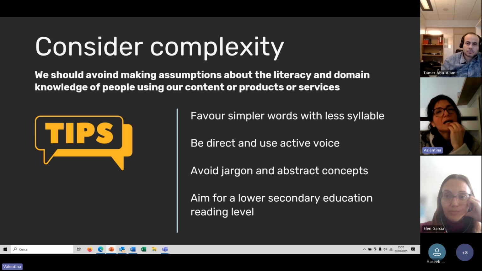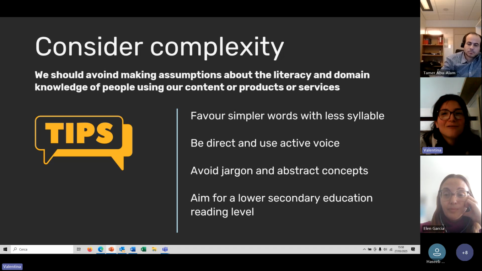So I think a good exercise is to try to create content for a lower secondary education reading level. I don't know how to say it, but try to be in this range, because otherwise we are going to exclude maybe 50% of our audience, especially those who work in academia or higher education.